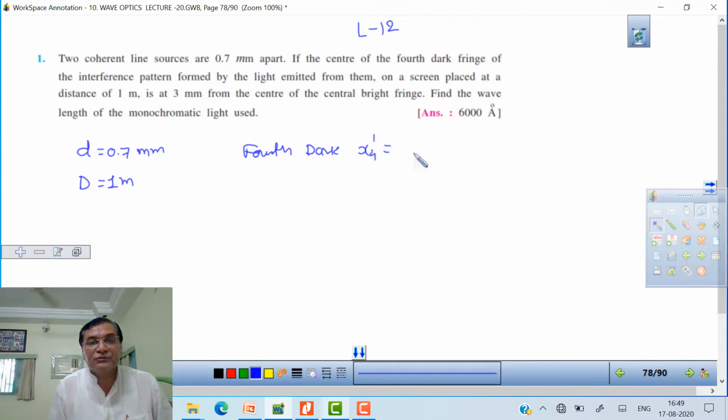So I write x4 prime is equal to 3 millimeters, so 3 into 10 raised to minus 3 meter. Find the wavelength of the monochromatic light.